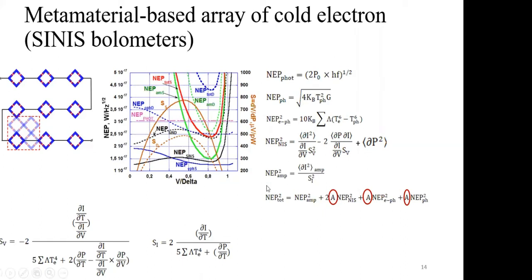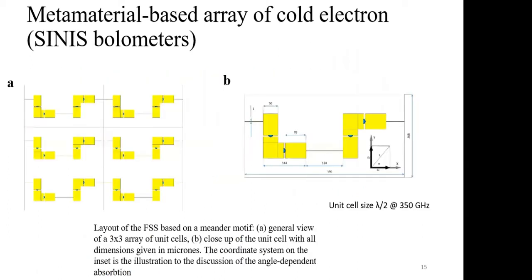But again, the problem was the bandwidth. We wanted to increase it more, around 20% or more. So we tried again to reduce the number of the bolometers.